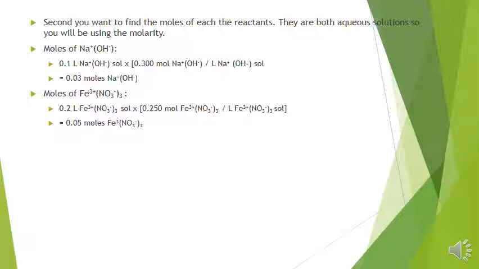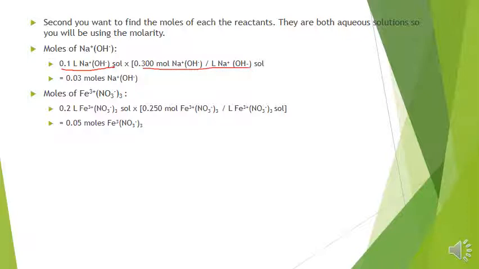If you're using gases, you'll be using the ideal gas law, PV equals nRT. If you're given a pure liquid, you'll be using density and molar mass. And if you're using aqueous solutions like we are here, you will be using molarity, which is given in the problem. The problems give you the volume, and they give us the molarity.